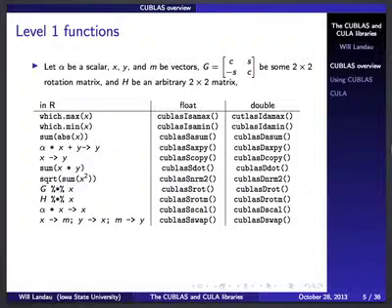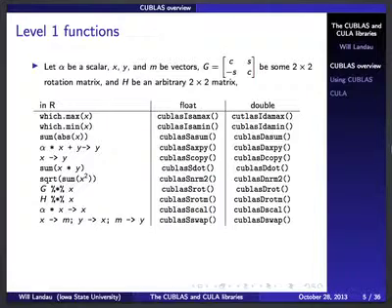You can scale vectors, you can add them together. You can copy them, sum them up, take the L2 norm, rotate vectors, do matrix multiplication in 2 dimensions, and you can swap 2 vectors. This is a sense of what you get in the level 1 functionality.